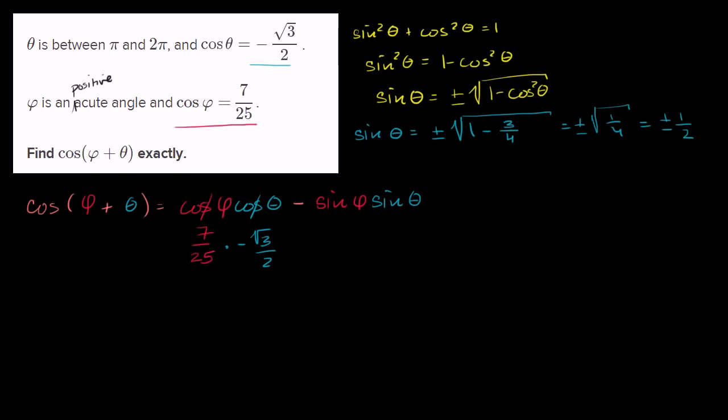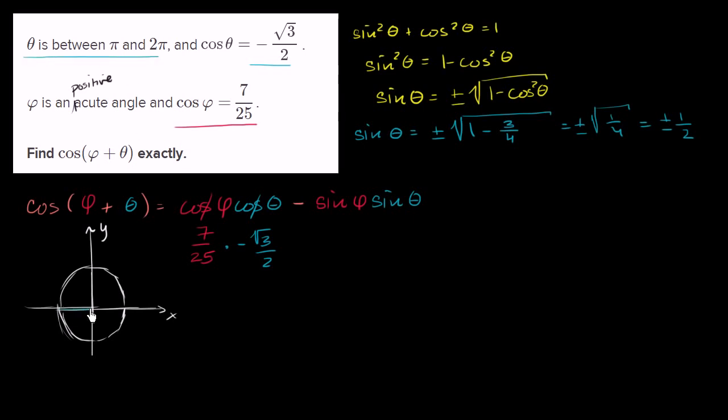Well, to think about that, we could draw ourselves a little unit circle here. So that's my y-axis. That is my x-axis. Let me draw a little unit circle here as neatly as I can. Now what do they tell us about theta? They tell us that theta is between pi and 2 pi.